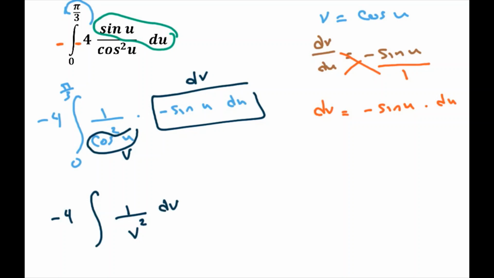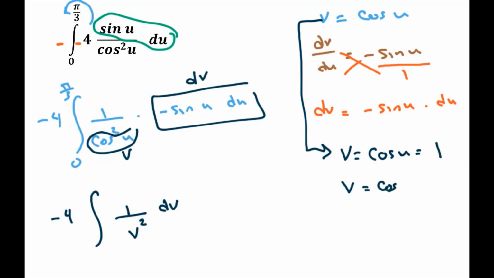Now I need to find v at 0 and at pi over 3. If u equals 0, then v will be equal to cosine 0, which is 1. And if u equals pi over 3, then v equals cosine pi over 3, which is 1/2. So it will be basically from 1 to 1/2.